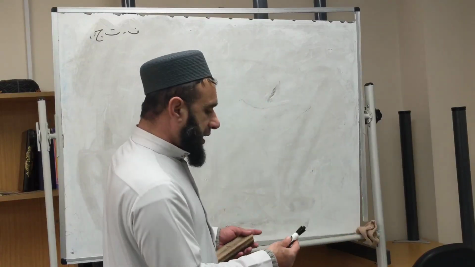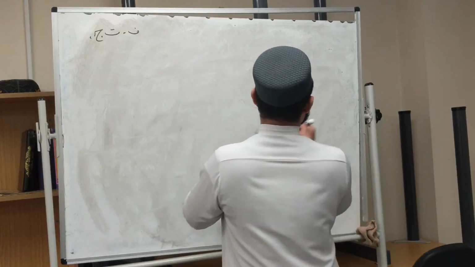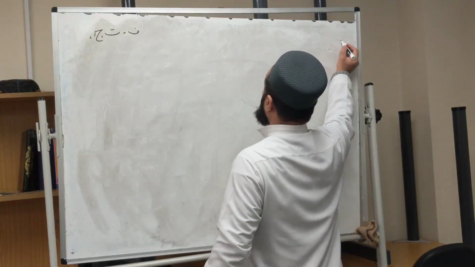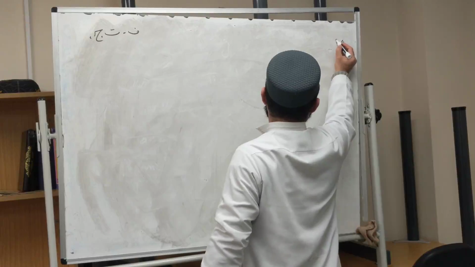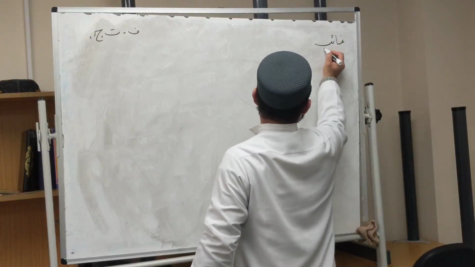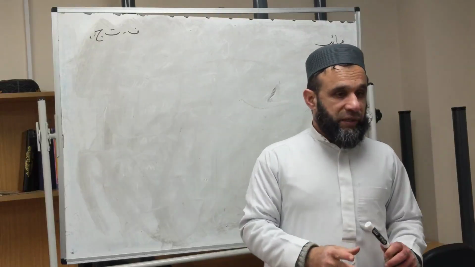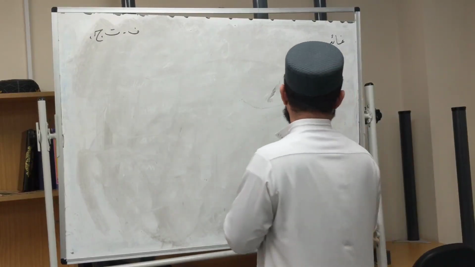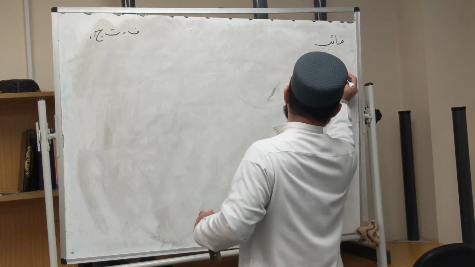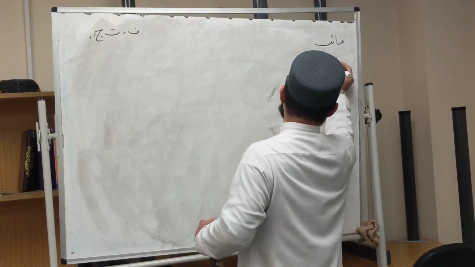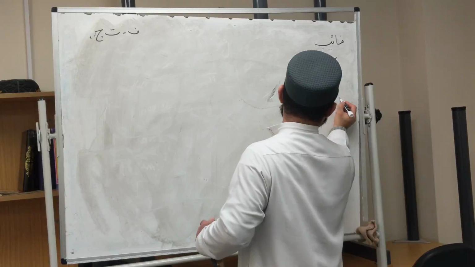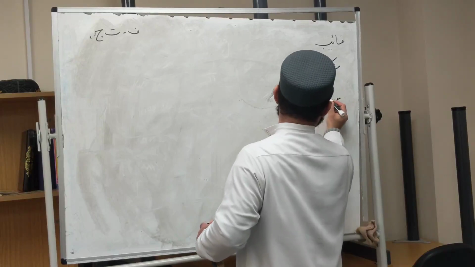So if we start with ghaib, right? We have fataha here. Ghaib, okay? Ghaib is which person? Third person, the person you are talking about, right? He, she, it. So it will be either mudhakkar or muannas.